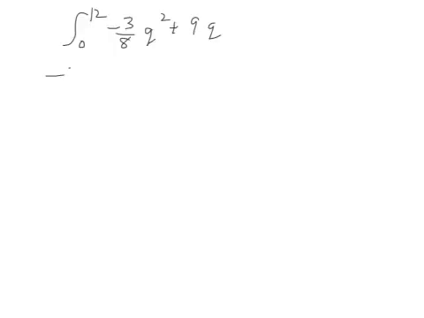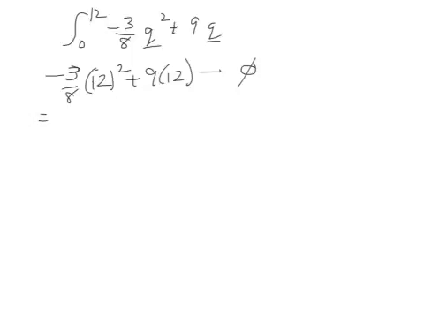So we have negative 3/8 times 12 squared plus 9 times 12, and we actually would be subtracting the same at 0, but each term has a q in it, so that would just be 0.